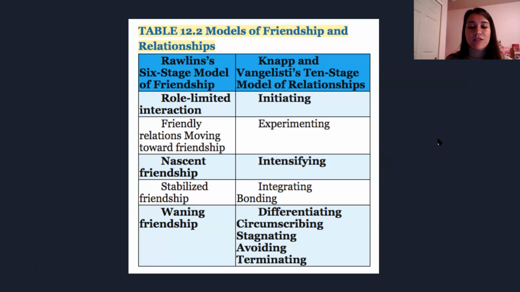And they align with each other very well, and you can see that the growth of relationships takes time regardless. And yeah, so we covered acquaintanceships, friendships, and very briefly romantic partners, just showing you the similarities between the two.